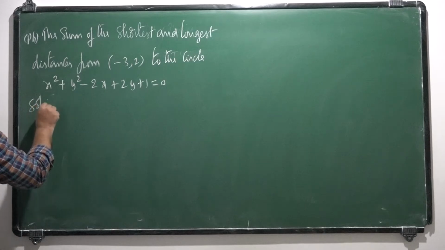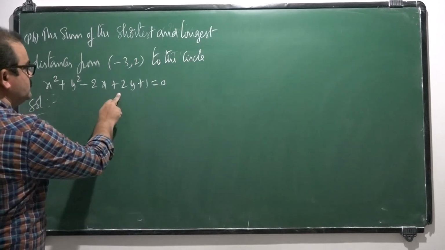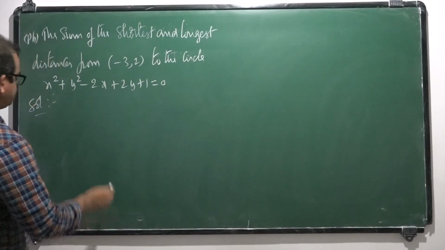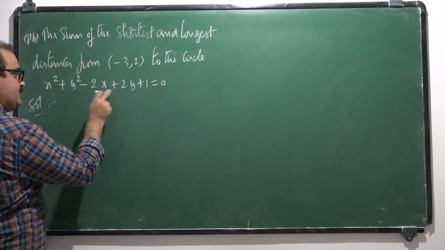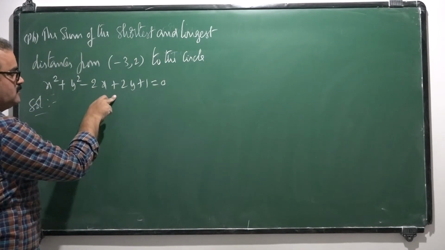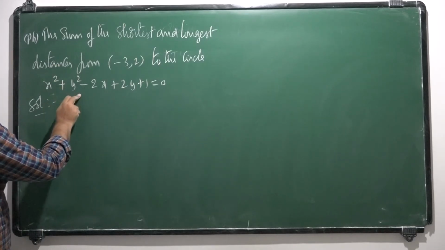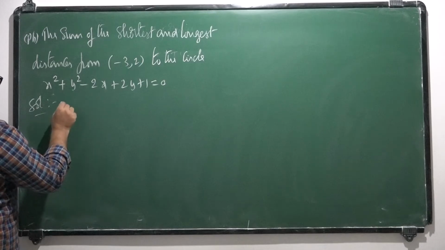See the solution. First, for this circle, find the center and radius. To find the center and radius of any circle, compare the equation of that circle with the standard form.